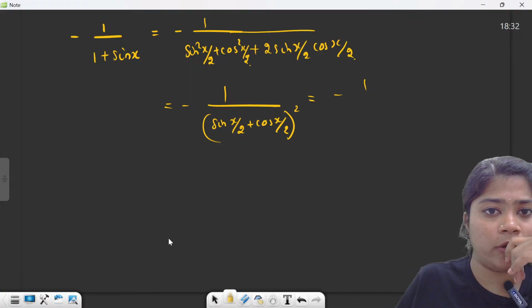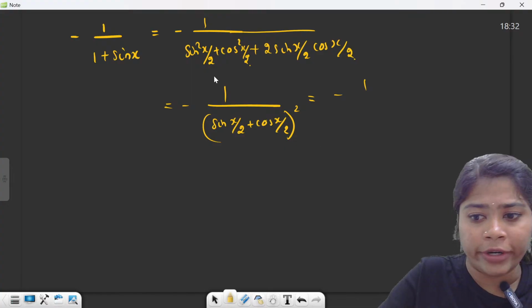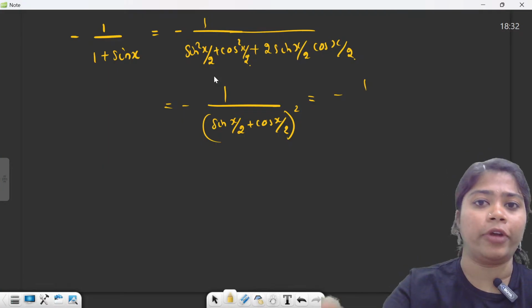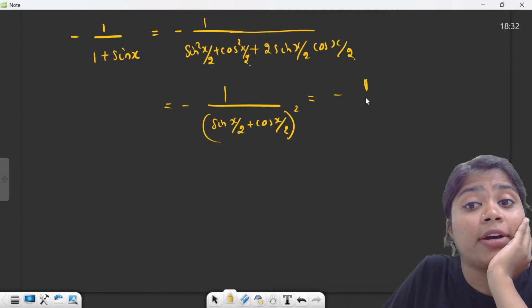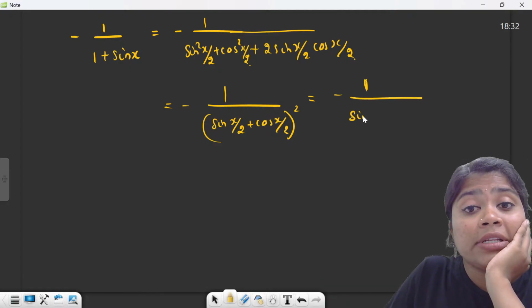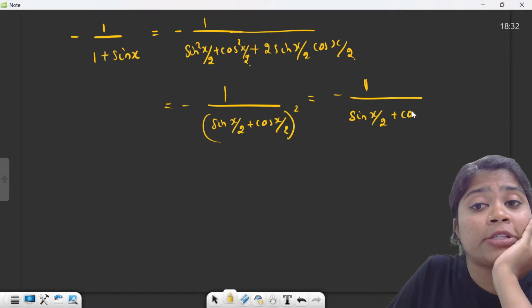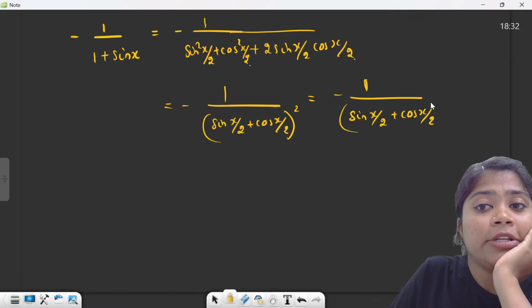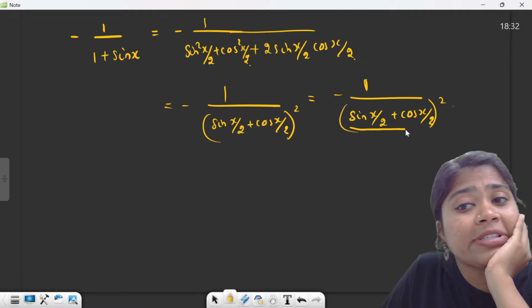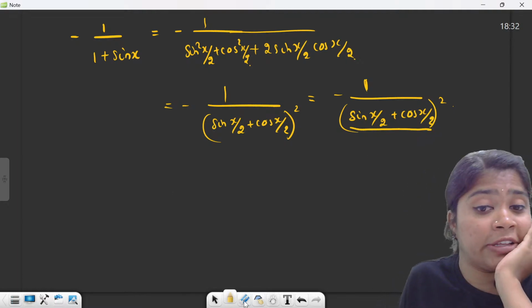So minus 1 by 2, let me keep. Where 1 by 2? Okay, fine. So look, here 1 by 2 sin x by 2 plus cos x by 2 the whole square. So we have this. So we want to simplify this. How to simplify this one?